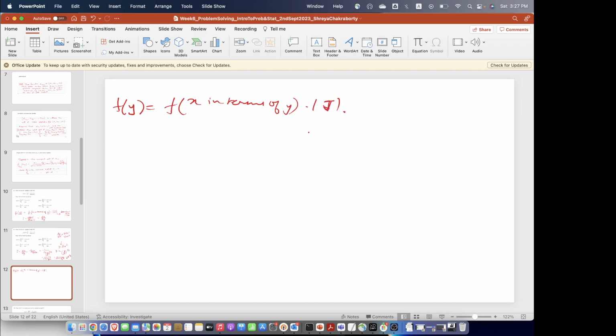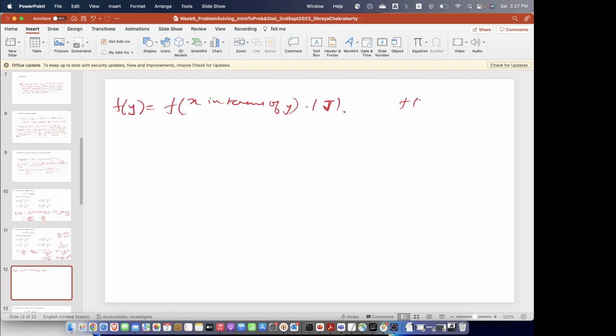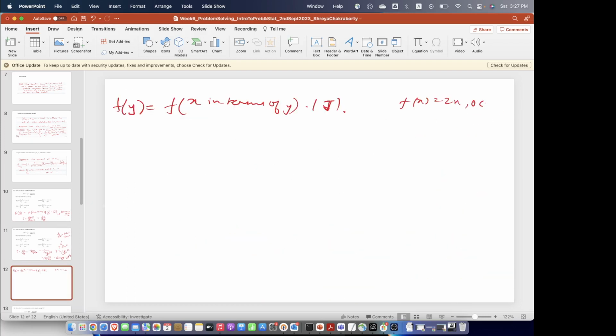In case of two variables also, this will be the absolute value of the Jacobian. Jacobian itself is the determinant. For a single variable case, we don't need it. So x in terms of y. What was it? We had f(x) equal to 2x for 0 less than x less than 1. This was our function.